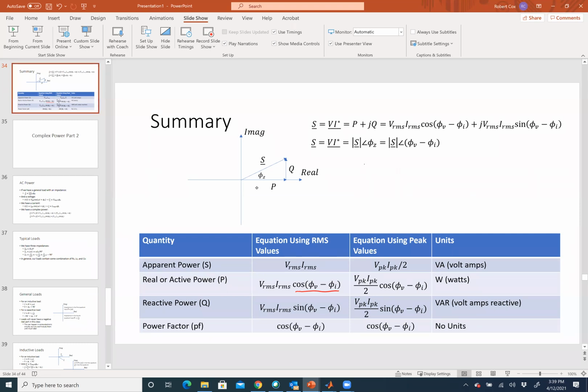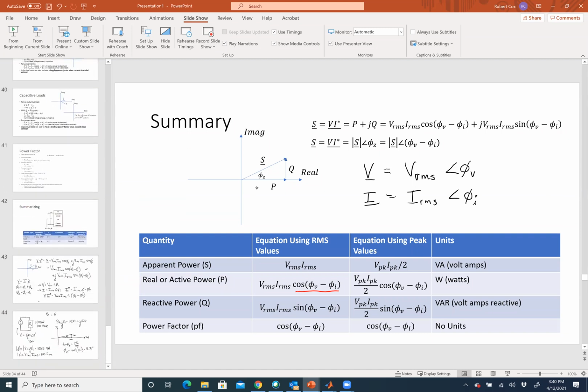Basically the phasor for V is VRMS with angle phi V, and I has a magnitude of IRMS with an angle of I. So the magnitude of it is the RMS value. The RMS values are not vectors; they're the magnitudes of the vectors. I also had the S equals V phasor times the conjugate of I, so I thought we were solving for the conjugate of I.